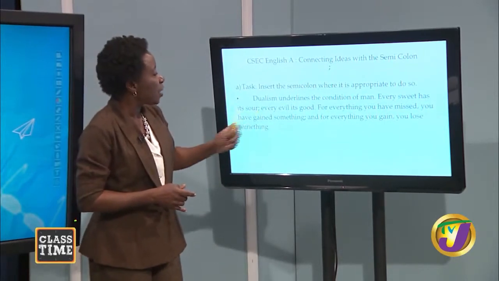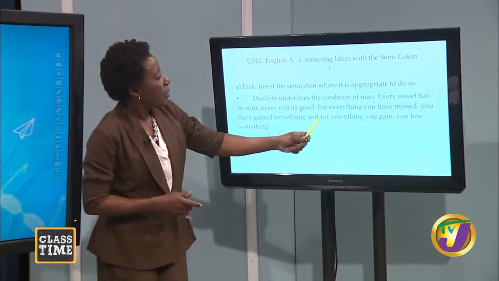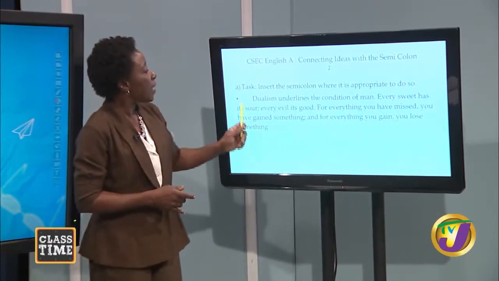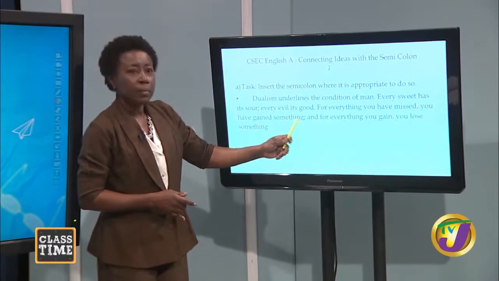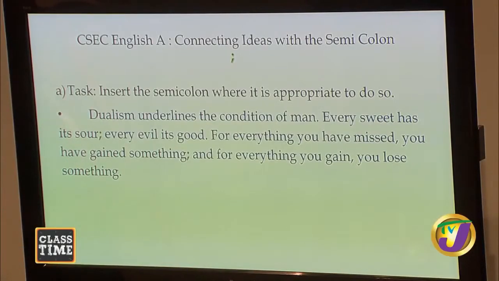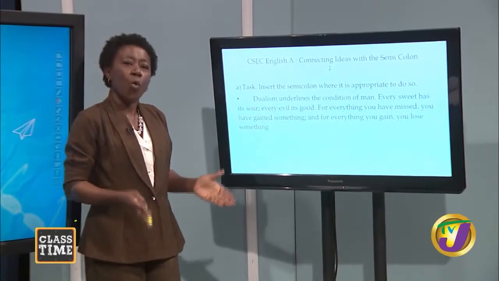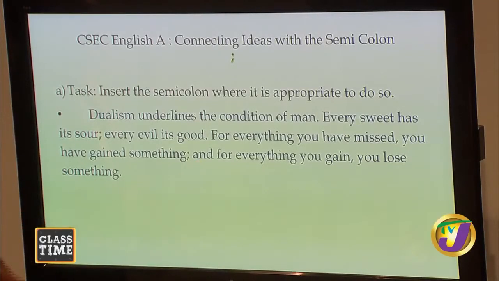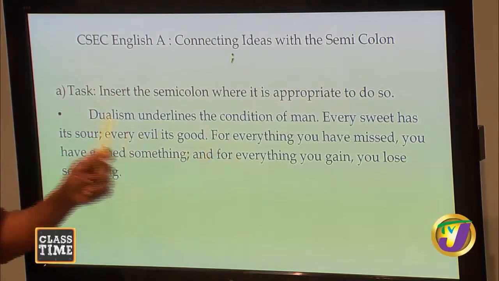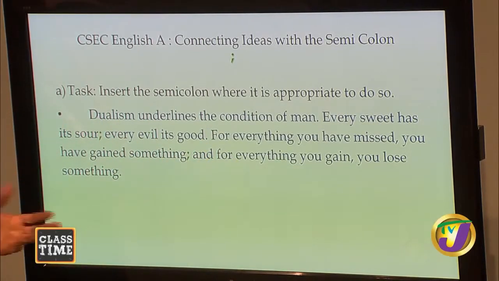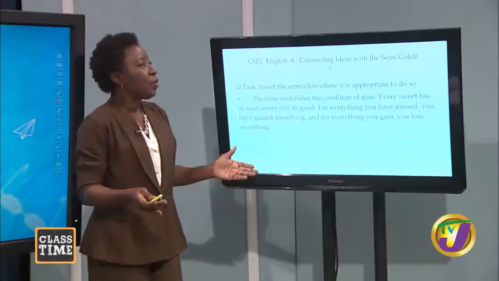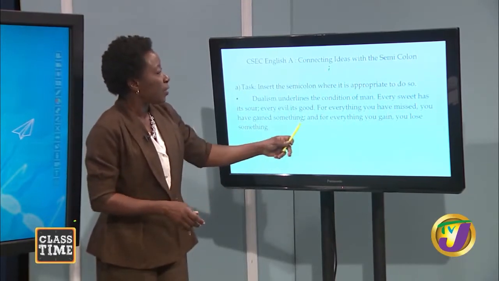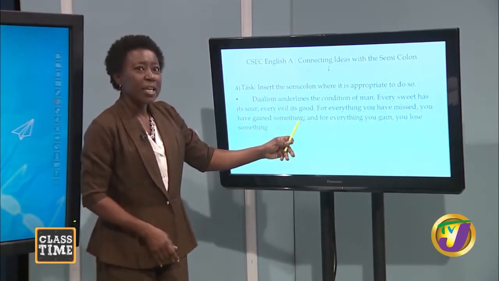So here we have the first semicolon, and down here, as I said, for everything you have missed, you have gained something. That's an independent thought. That could stand on its own. And, which is really the conjunction there, for everything you gain, you lose something. So you could just look at someone and say, for everything you gain, you lose something. All right, so that's independent as well. And the semicolon would go right here.